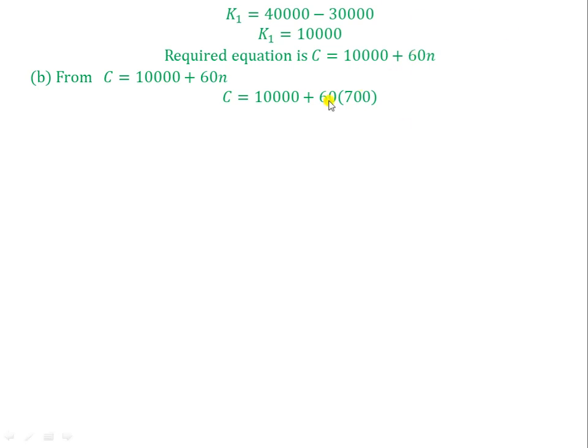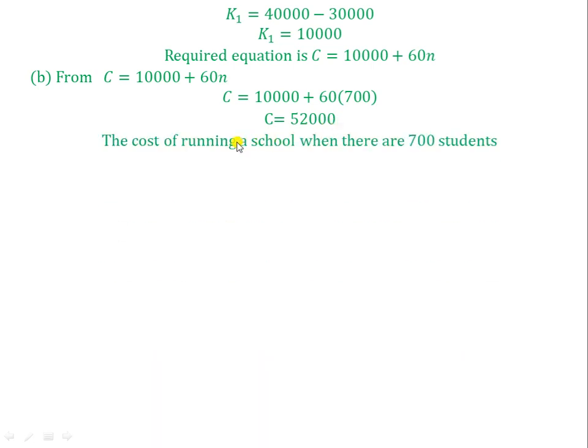That is why where there is N, we're now substituting for 700. You simply use the equation you've obtained, this one here. So I've substituted for 700, and by simply pressing your calculator, you will come up with 52,000. And our conclusion will be that the cost of running a school when there are 700 students is shillings 52,000.